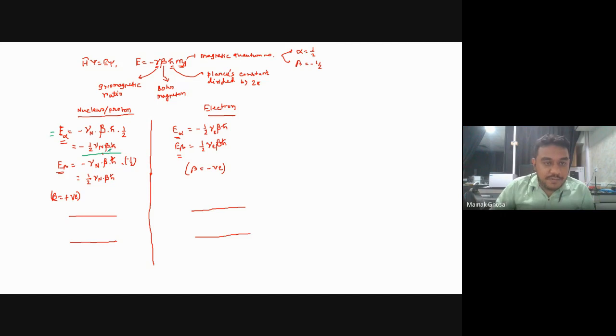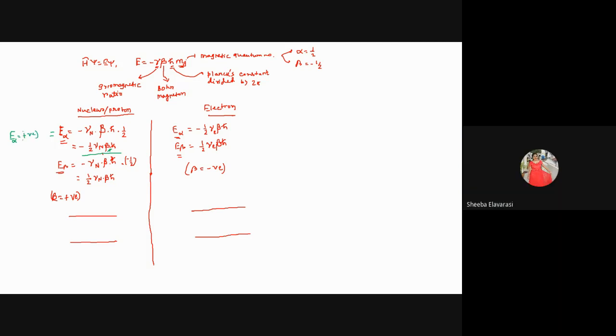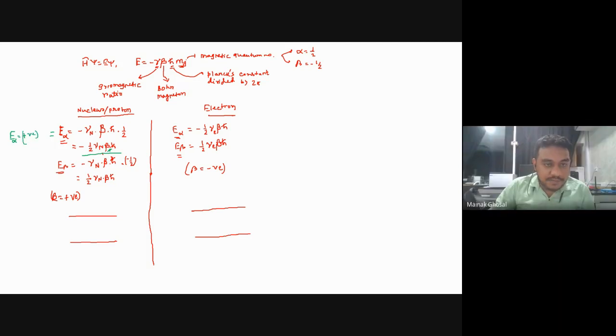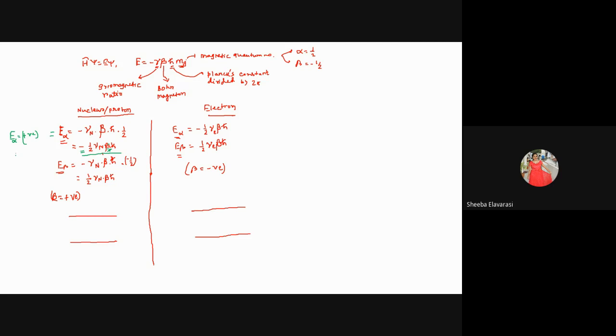So if beta is negative, then E alpha will be positive, the higher energy, because there is a negative sign in front.